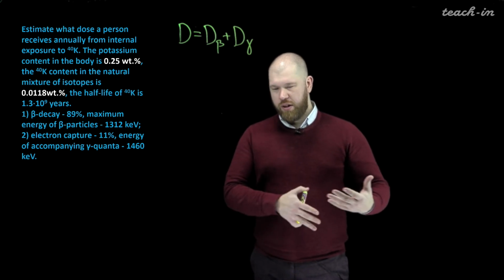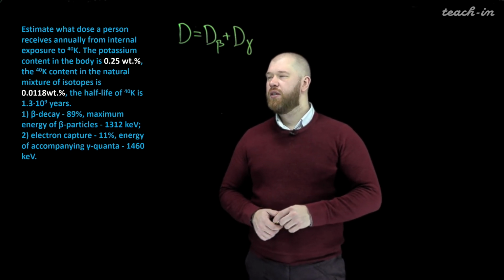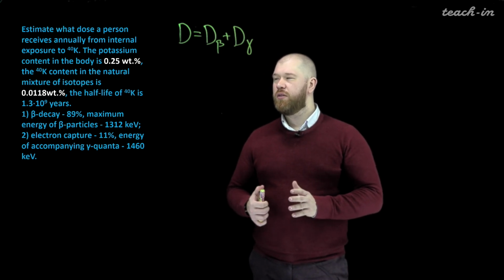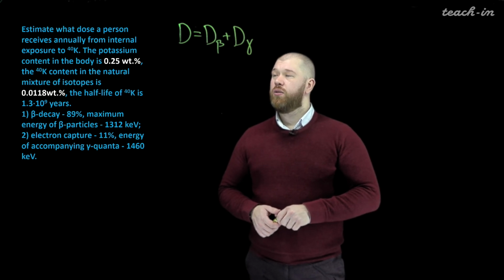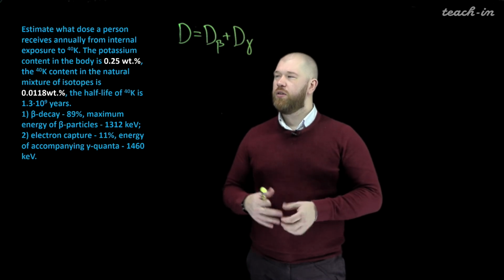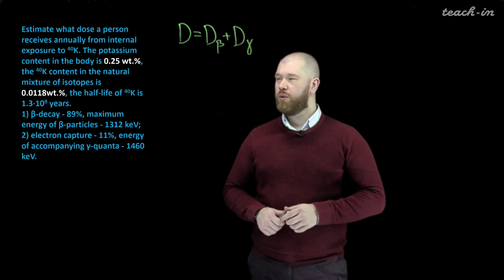If we calculate more precisely, we will see that it will be equal to 3 to 4%, maybe even less, of the whole contribution of gamma quanta to the internal dose of the human body.